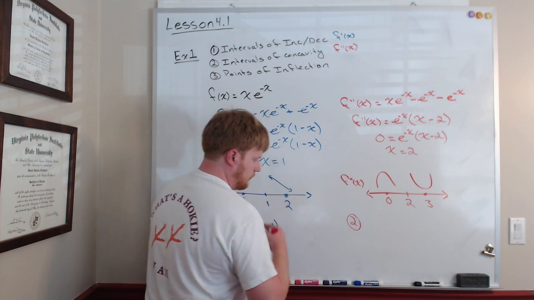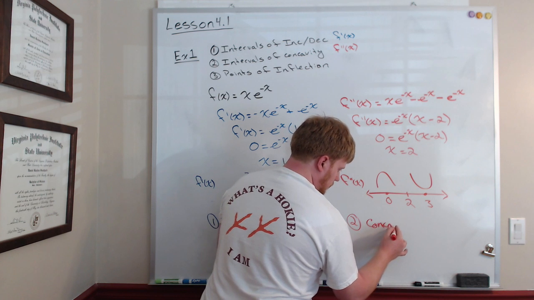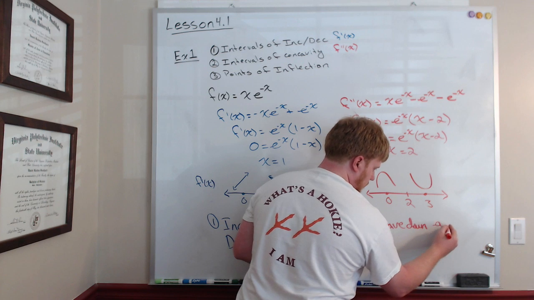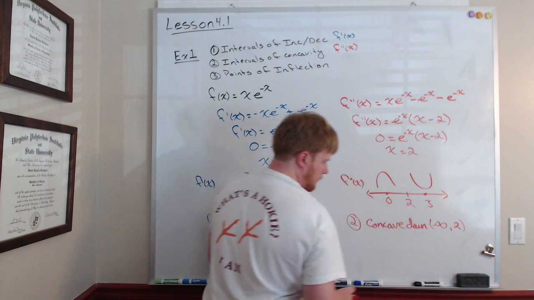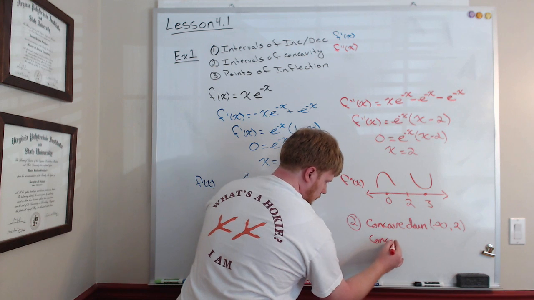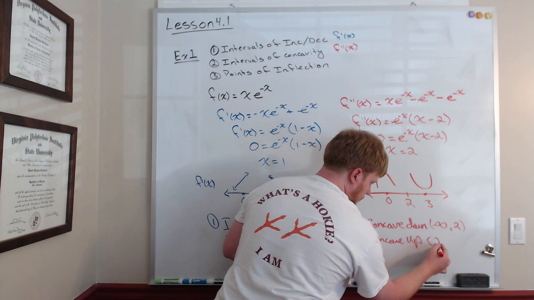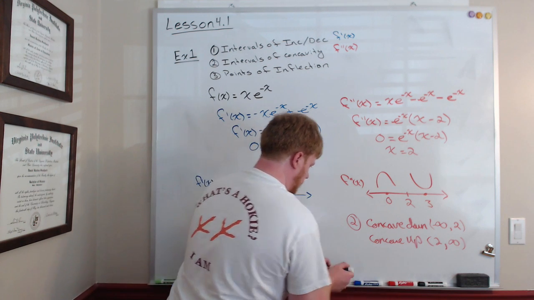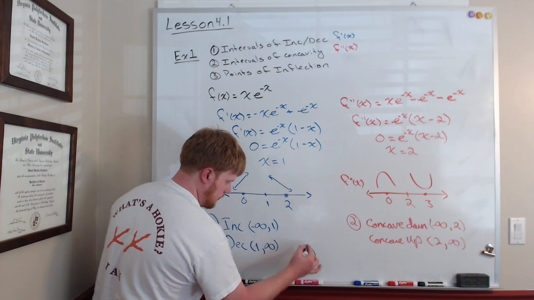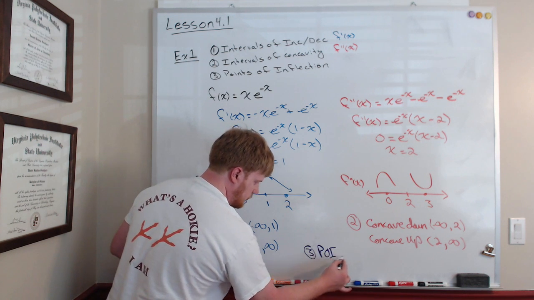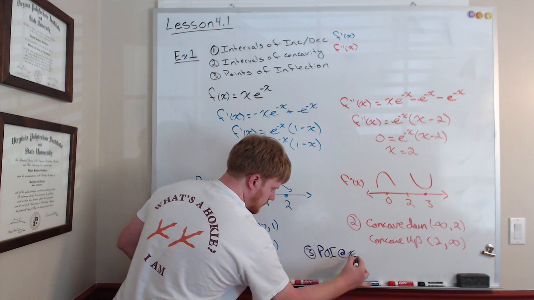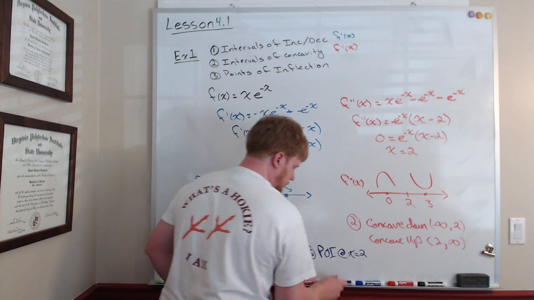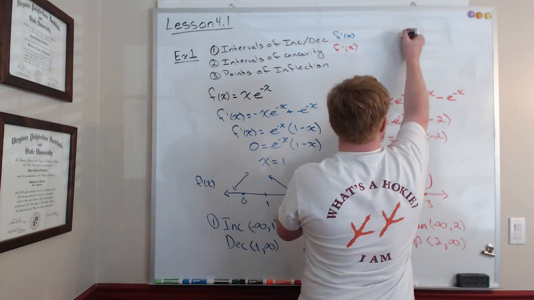So for the second part here, I'm concave down from negative infinity to 2, and concave up from 2 to infinity. And lastly, there should be one point of inflection at x equals 2, because that's where the concavity changed. Now, for the fun part, let's see what this graph looks like.